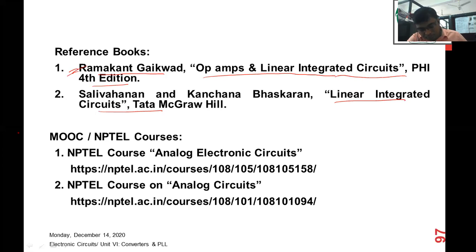Okay. Please go through the preparation of all these topics, because whatever subjects you are learning in the second year are the fundamentals of this branch, and they will be building blocks of your career.